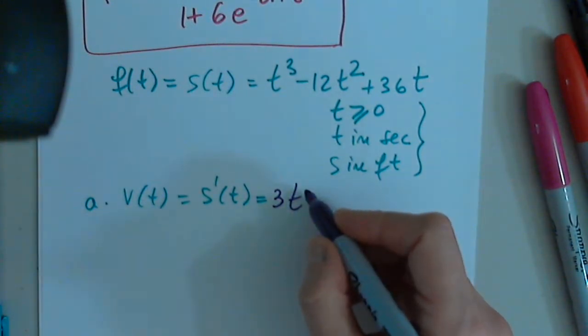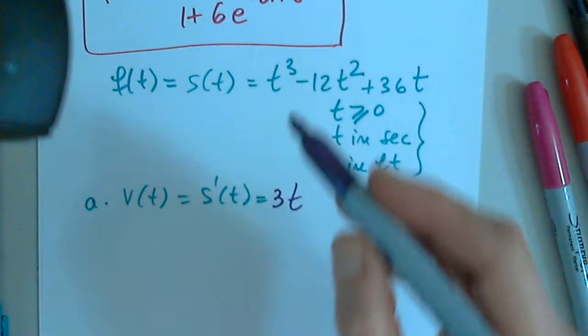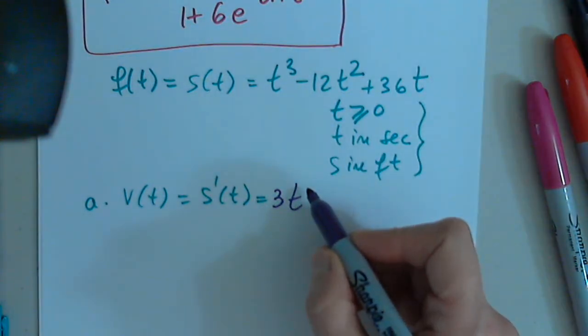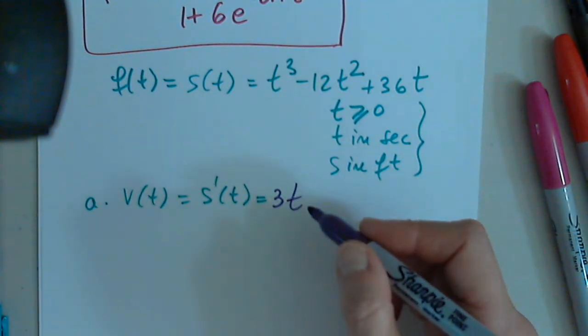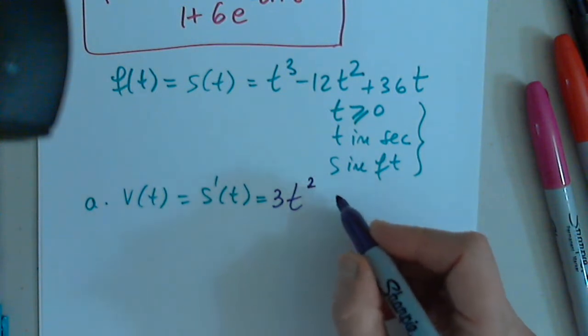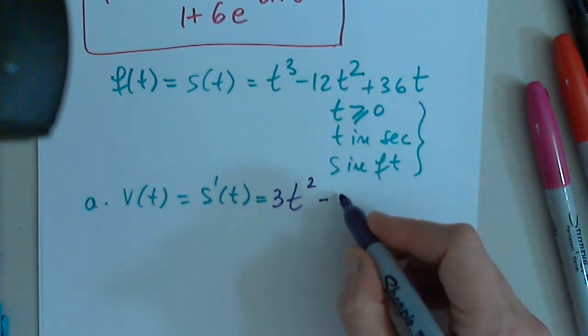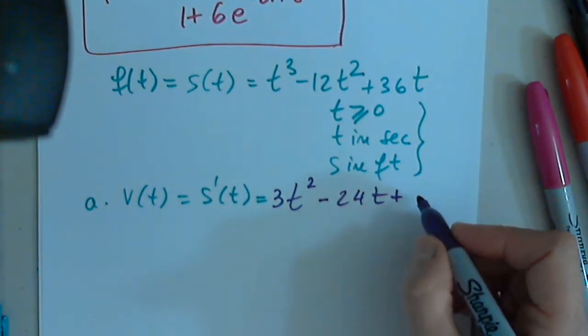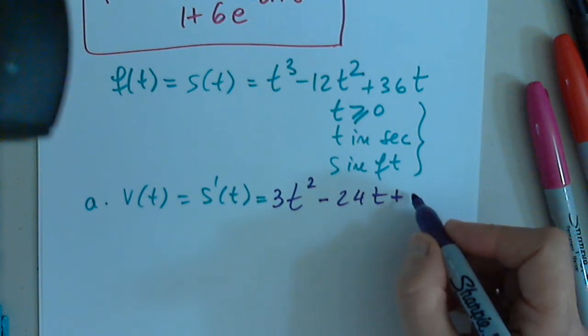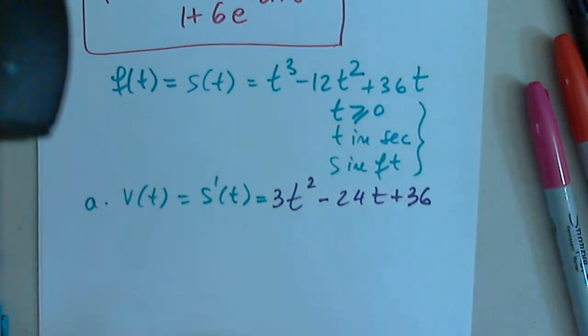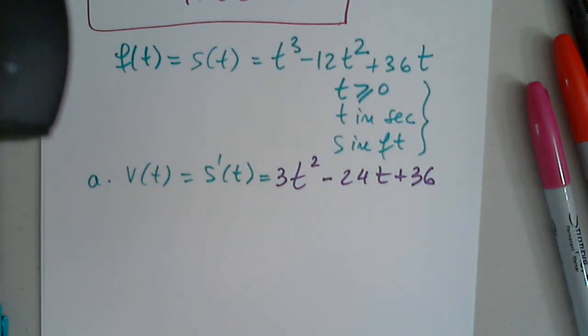We subtract 1 from the power. Leonardo, will you help? 3t squared. Yes. And then it would be minus 24t. Yes. And then plus 36. Good. Very good. Part A. Part B.